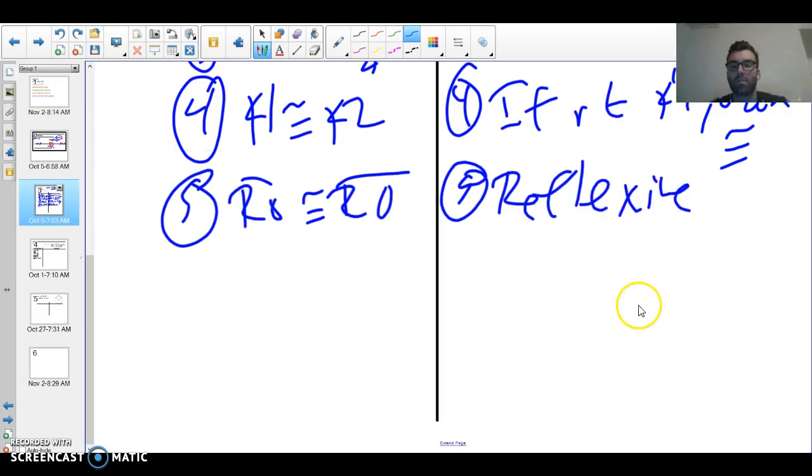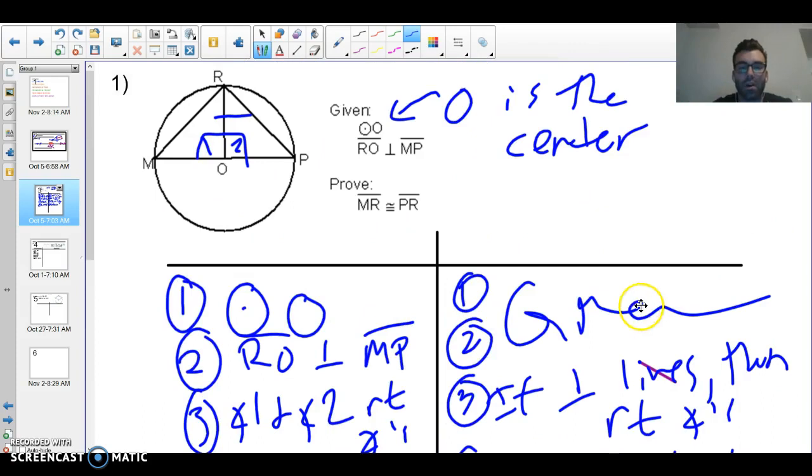Okay, good. Now we want to use this fact that O is the center of our circle. If O is the center of our circle, that tells me that every single radius in this picture is congruent. All of the radii are congruent. A radius starts at the center and goes to a point on the circle.